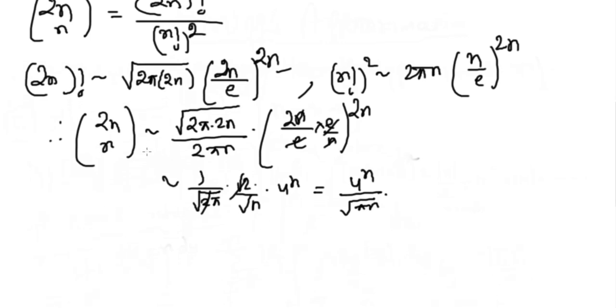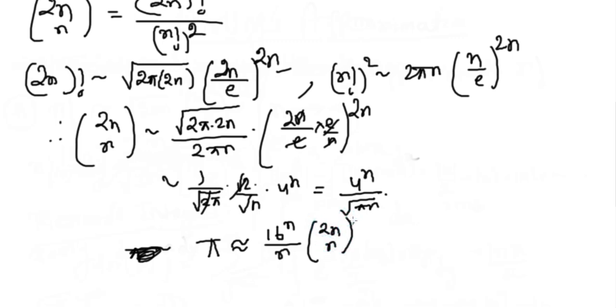So this gives you the good approximation that 2nCn is approximately 4 to the power n by root over pi. And this also gives you a good approximation for pi, that pi can be rewritten in this way: pi can be approximated as 16 to the power n by n times 2nCn to the power minus 2.